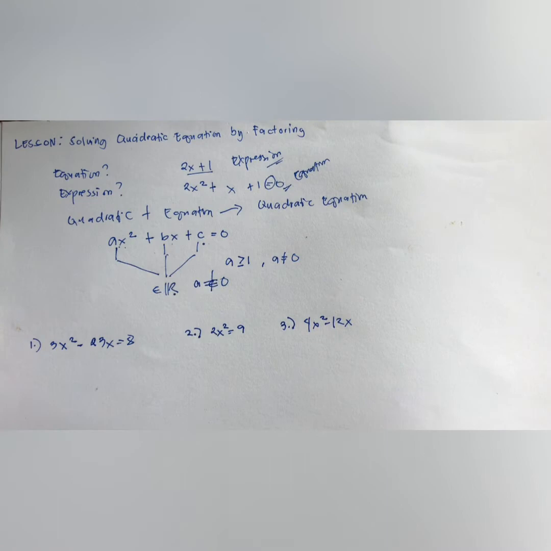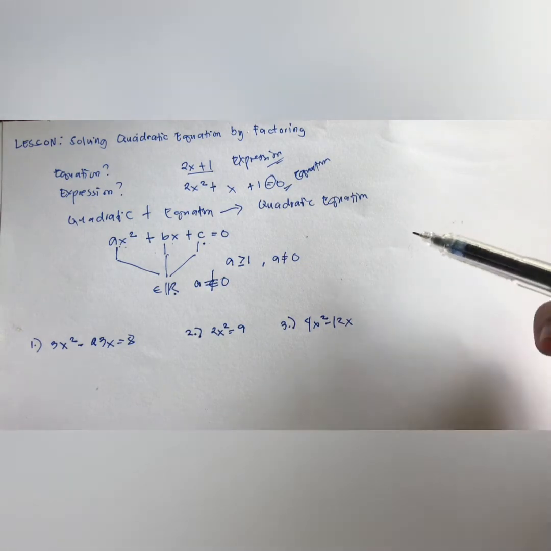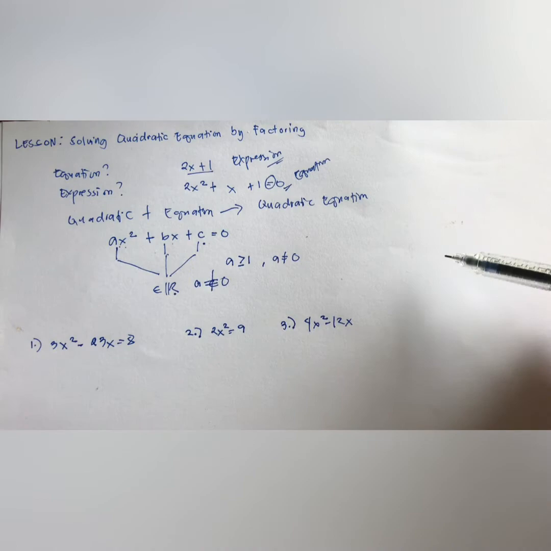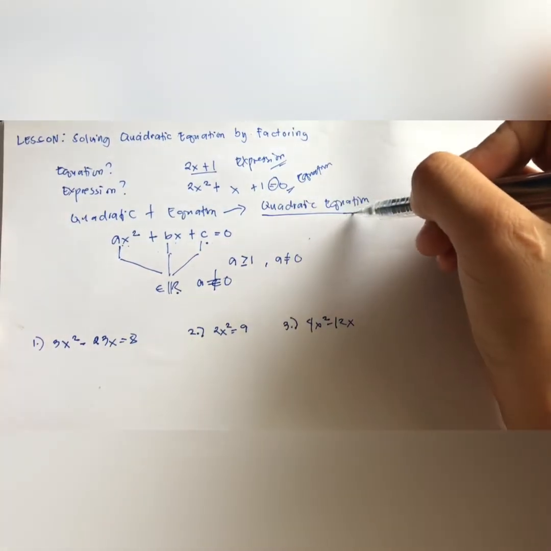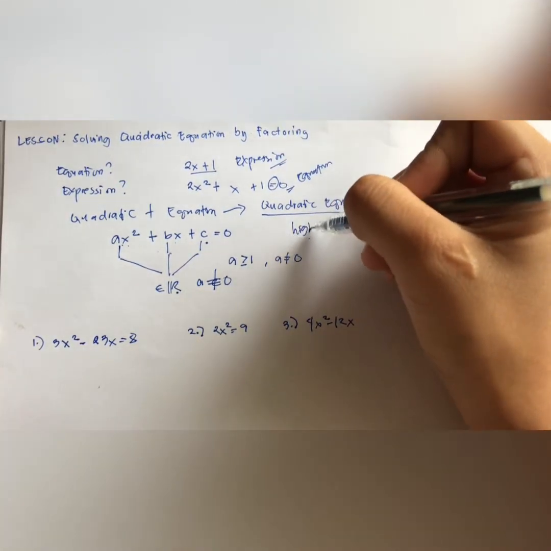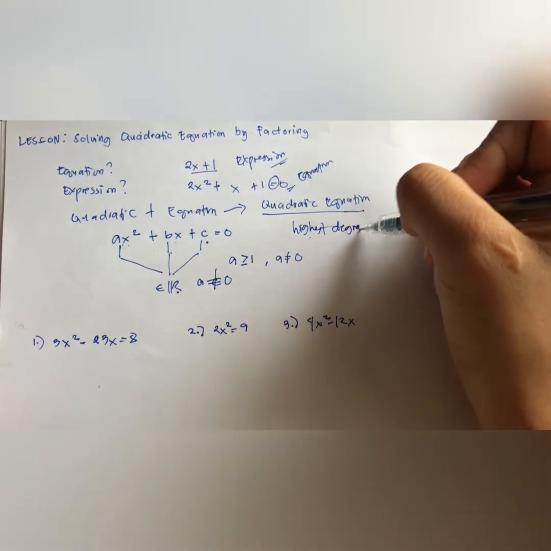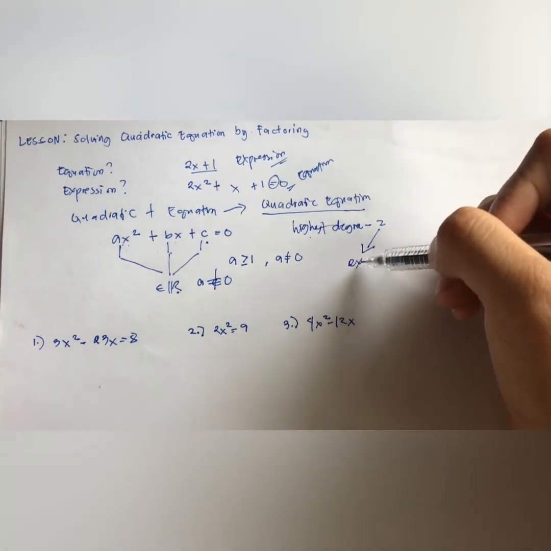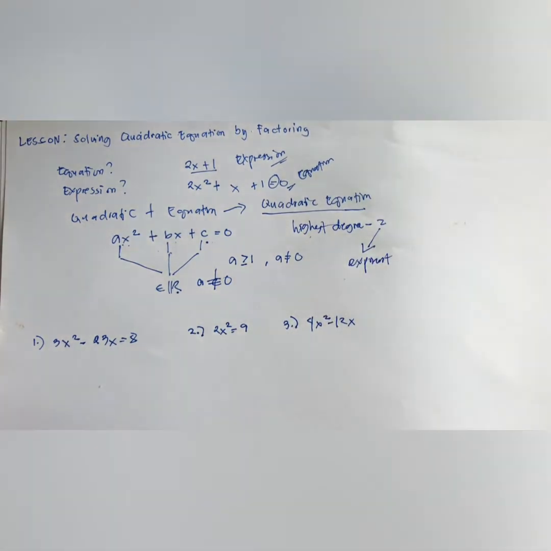So to determine whether a specific equation is a quadratic equation, you only have to take note of the exponents. So when we say quadratic equation, its highest degree is 2, or the highest exponent is 2. So that is a quadratic equation.